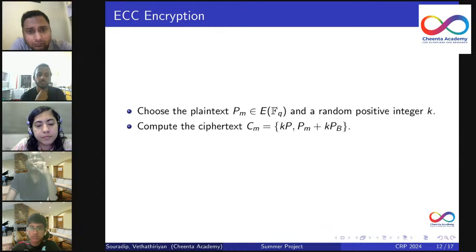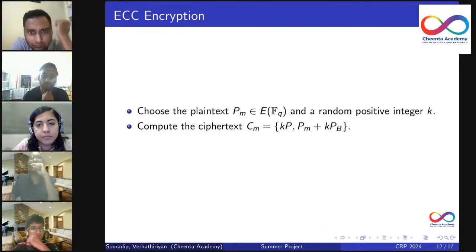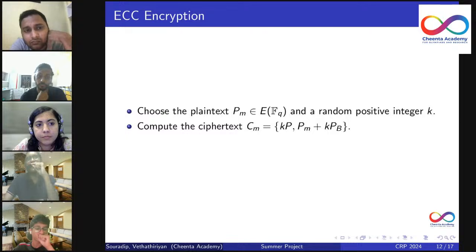Then we construct the ciphertext CM as k times P, where we apply the multiplication, and PM plus k times PB. So this we define as the ciphertext CM.